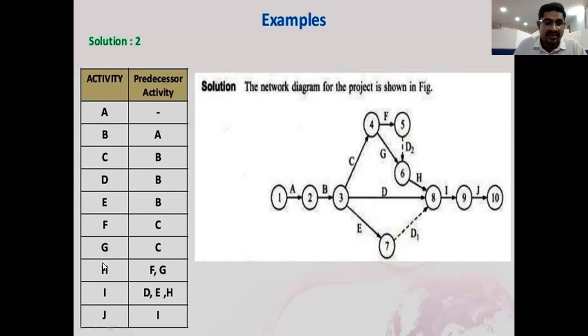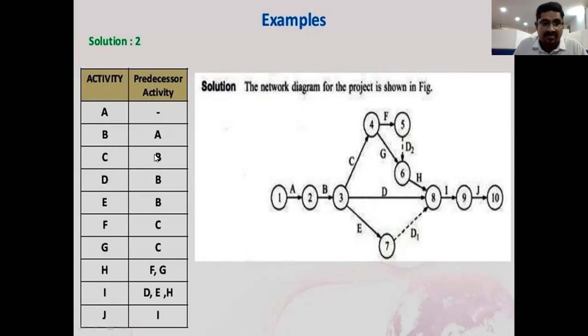Suppose we take the example of H. Here H has the preceding activities of these 2, F and G. When F and G are completed, then only the H activity will be performed. Suppose the example of E. Here the B activity is performed, then only the E activity will be performed. So C, D, E activities will be performed based upon the B activity.